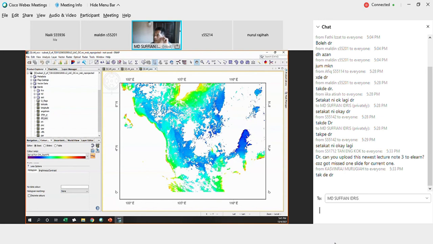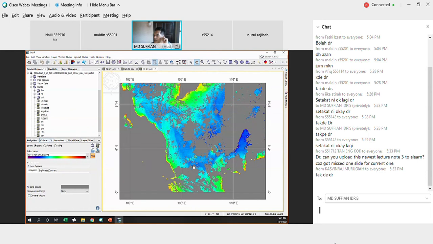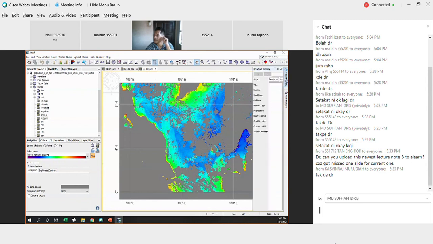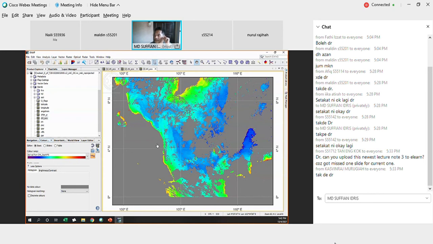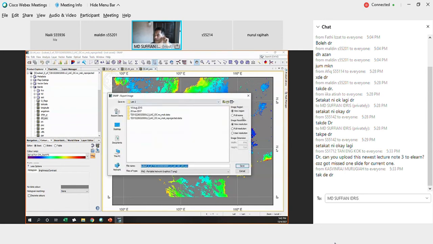And then grid nanti you ubah lah, grid nanti dia tak nampak sebab dia color pink ni, sama ada dia letak background, ataupun you ubah dia punya grid. Okay. So yang ini you boleh export view as image. Okay. PNG, TIFF dan sebagainya.